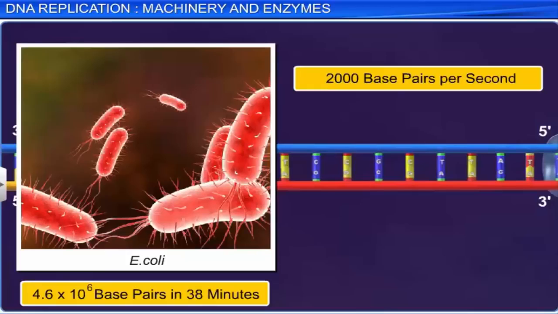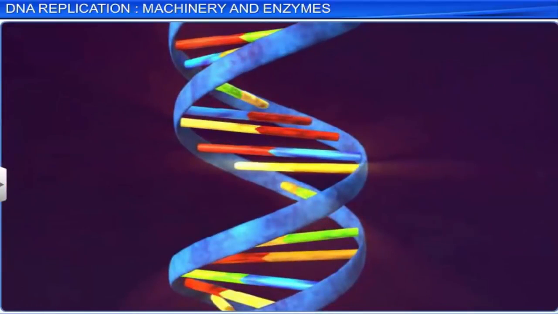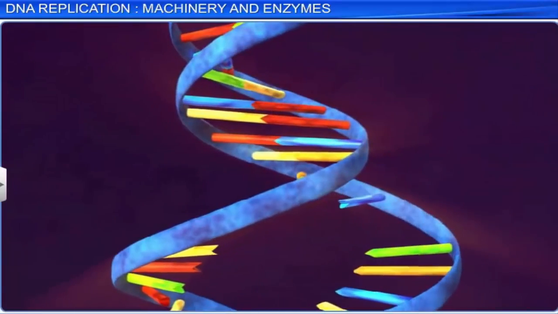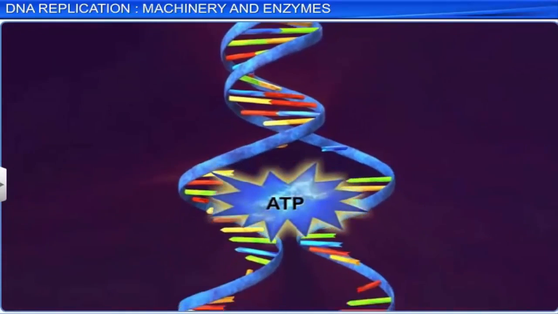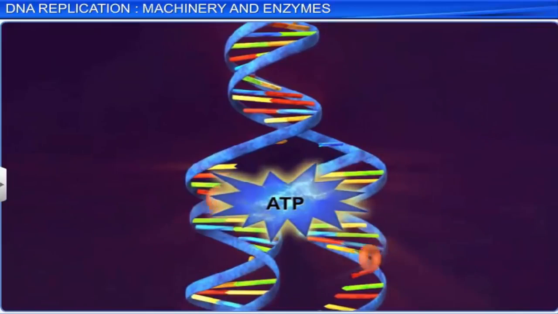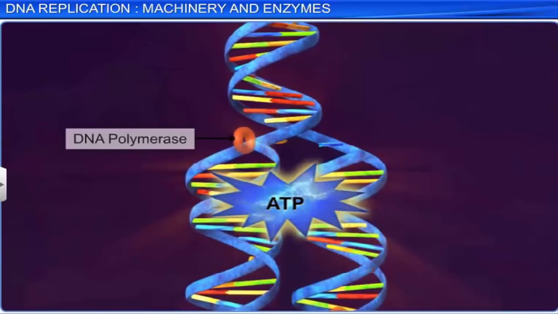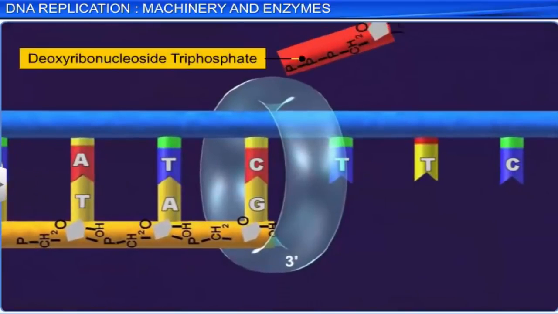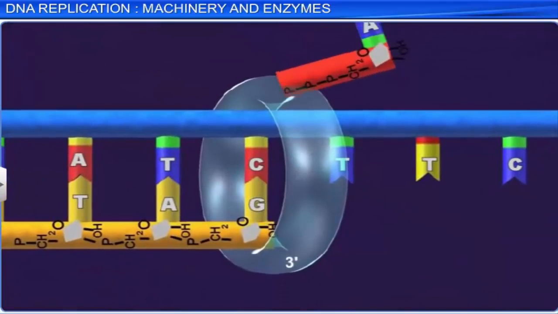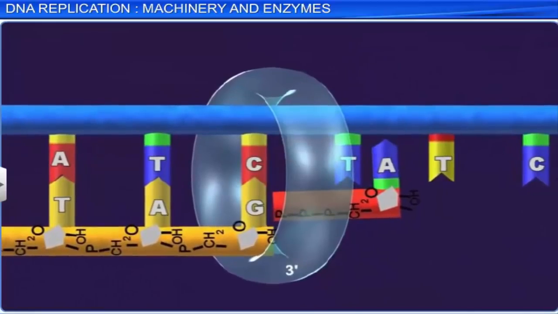The replication process is also an expensive process in the sense that it requires expenditure of energy. The deoxyribonucleoside triphosphates that act as substrates also serve as the energy source for the reaction.